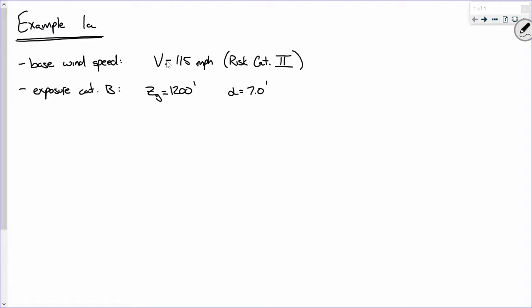Okay. Now we've got our topographical constant equal to 1, which again, that's largely always going to equal 1 unless you have a really weird case, like the building's on top of a hill or something. And also our directionality factor is going to be 0.85.